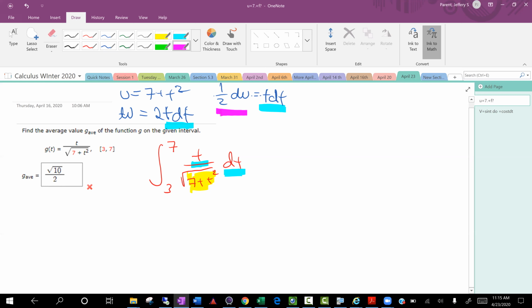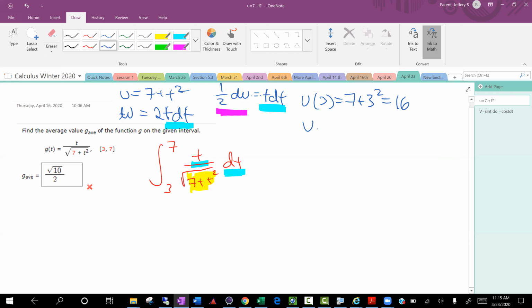Now there's probably one other thing I should take care of while I'm working on this. Alonzia, you see what else I should take care of while I'm doing this substitution? Your limits. Okay, good. Our limits. So let's do the limits. There's going to be u of 3, which is 7 plus 3 squared, or 16.